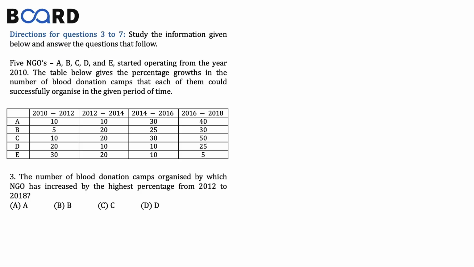From 2014 to 2016, the value has further increased by 30% upon 1100. It's like compound interest. Then again, from 2016 to 18, upon whatever value we arrive at from 14 to 16, there has to be a 40% increase.